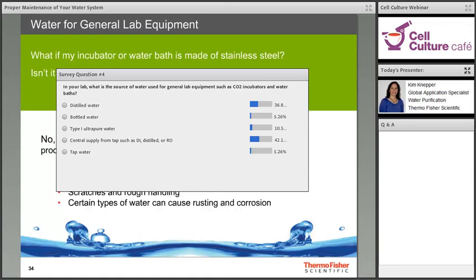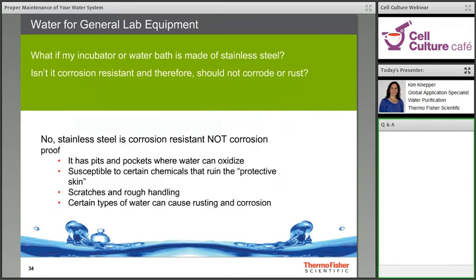And I'm still seeing the results up on the poll questions, Megan. Thanks. So stainless steel is corrosion resistant, not corrosion proof. So it is susceptible to corrosion like anything else if it's not treated properly. It has pits and pockets where water could sit and corrode.